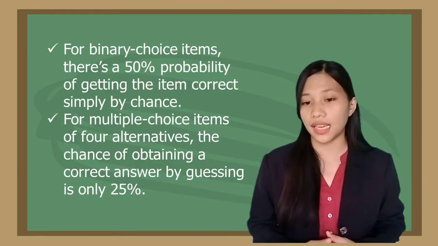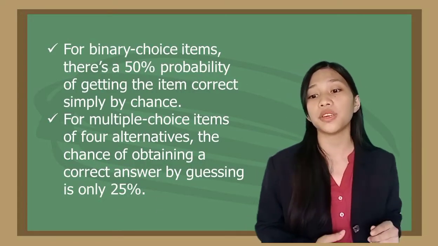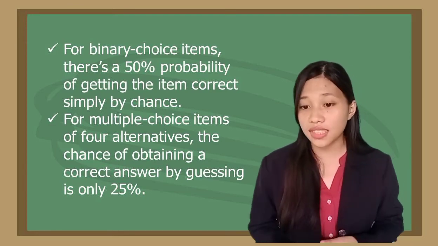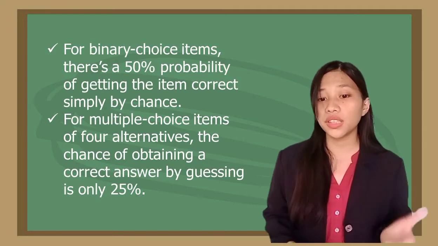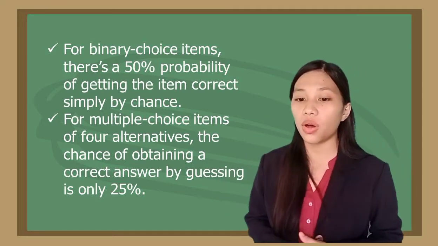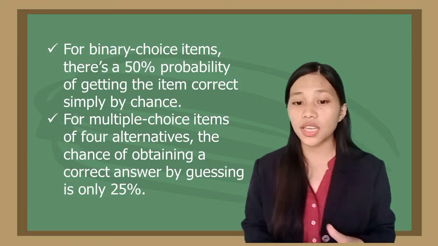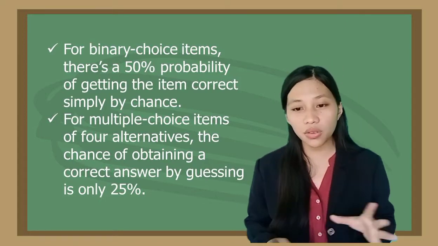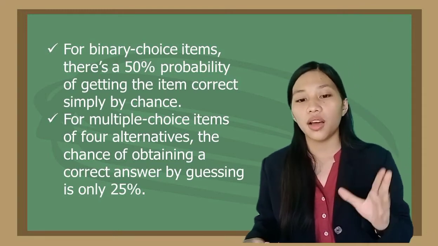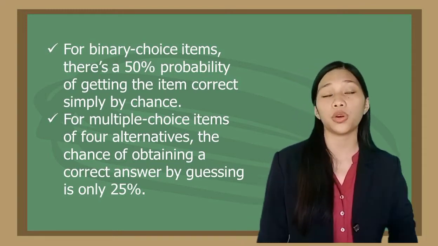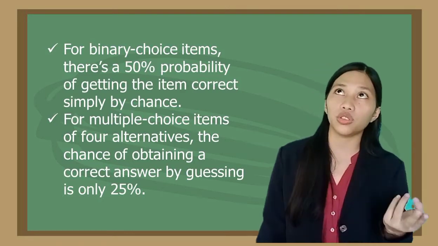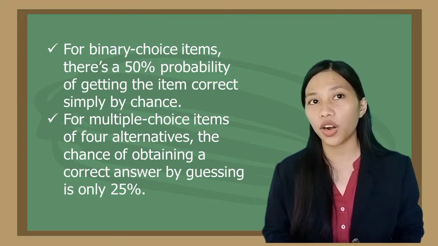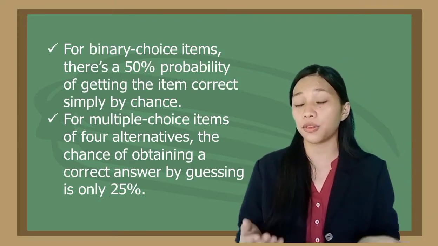For a binary choice item, there's a 50% probability of getting the item correct simply by chance. And for multiple choice items of four alternatives, the chance of obtaining a correct answer by guessing is only 25%. For example, for a binary choice, which is true or false, the probability of a correct answer is 50%.